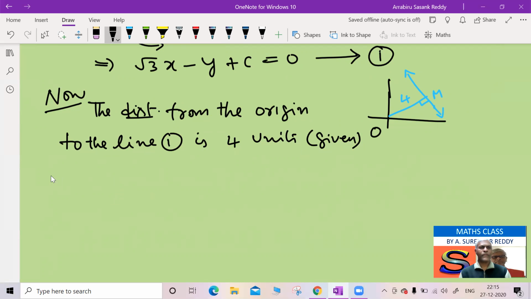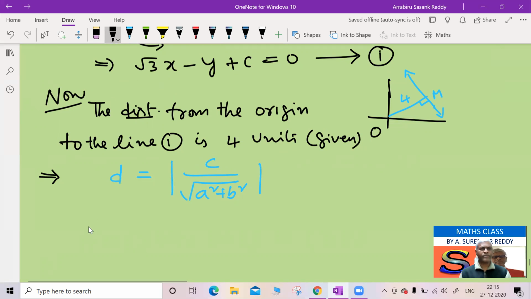We know the distance formula from the 10th class, in previous classes. Distance from the origin is c by under root a square plus b square. So the distance d is c by under root a square plus b square.